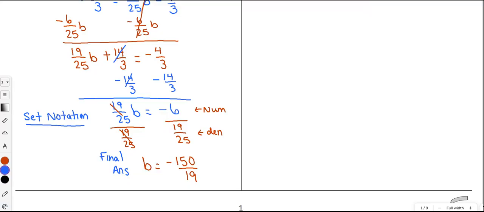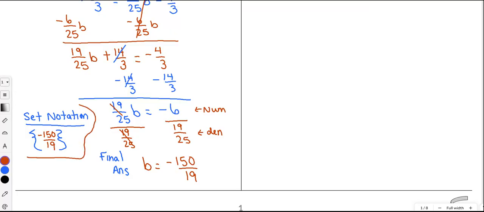When you are solving and writing your answer using set notation, all you need to do is open up a curly brace, close up that curly brace, and whatever you got for your variable, you put that number in here. So I got a -150 over 19, and that's what I input inside the curly brace. You do not include the variable. You do not say b equals this. No, that's wrong notation. Just the curly brace itself.